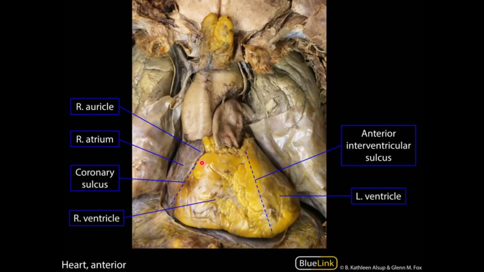Okay, the anterior cardiac veins. Okay, and then this is the anterior interventricular sulcus over there. It houses the anterior interventricular branch of left coronary artery, also known as the left anterior descending artery.